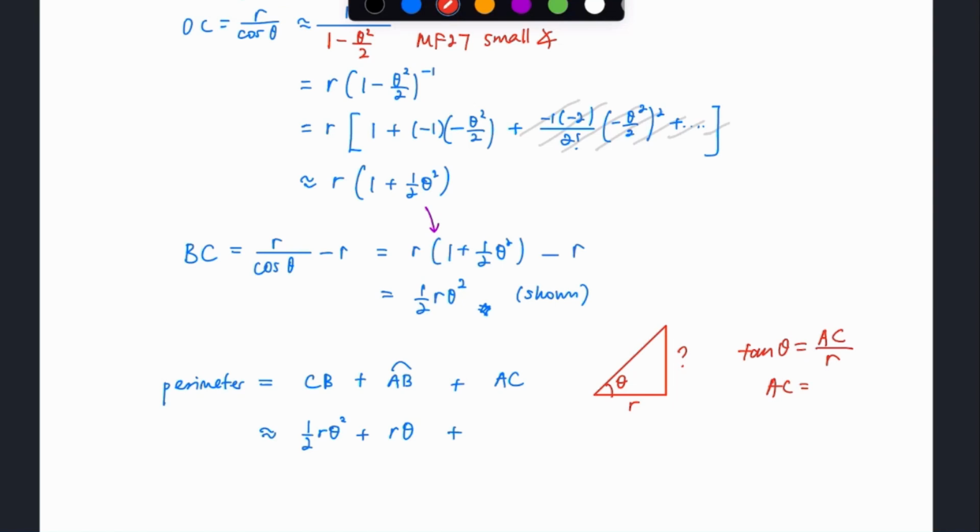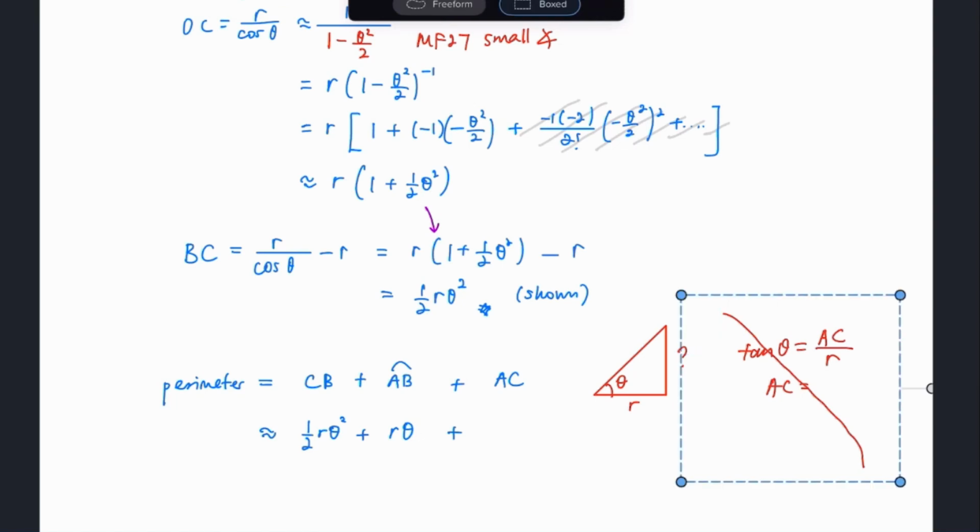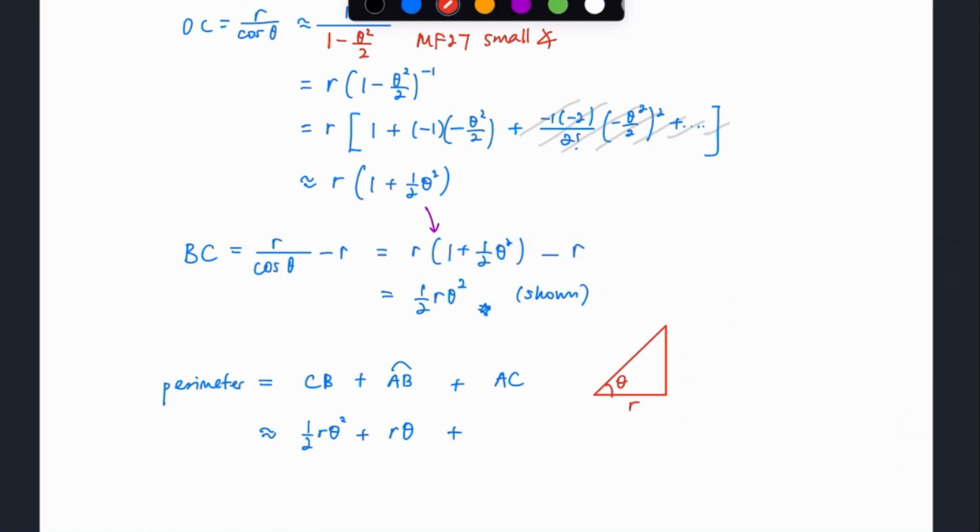Okay, let's not use tangent, because tangent is a bit tricky. So AC over the hypotenuse would be equal to sine theta, so AC would be roughly equal to half r theta square sine theta like that.